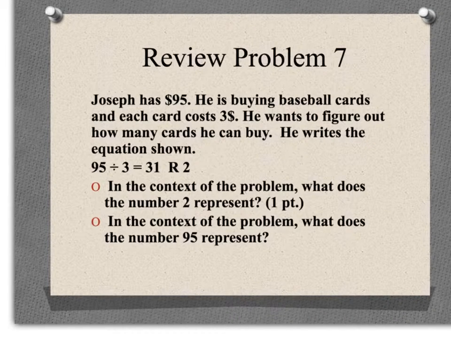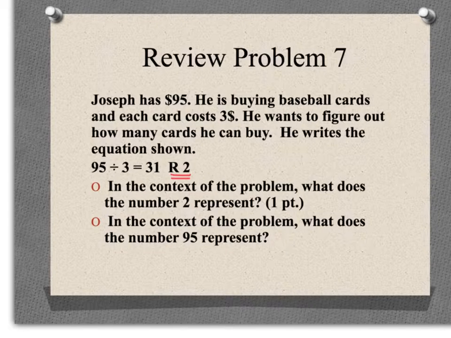Review problem 7 was worded a little differently as well. Joseph has $95. He's buying baseball cards, and each card costs $3. He wants to figure out how many cards he can buy. He writes the equation, 95 divided by 3 equals 31 remainder 2. In the context of the problem, what does the number 2 represent?